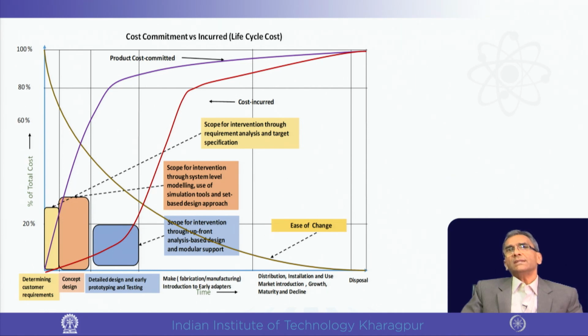Ease of change is shown with a line which is a kind of gray or brown color. So, we see that the ease would be high in the beginning, but low towards the end.